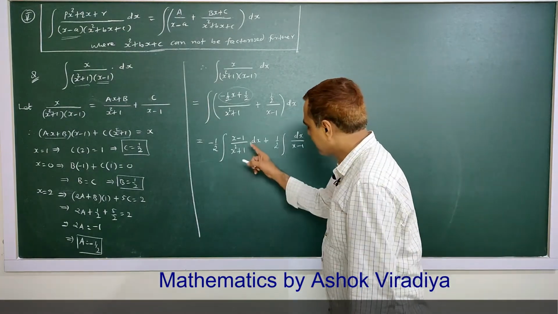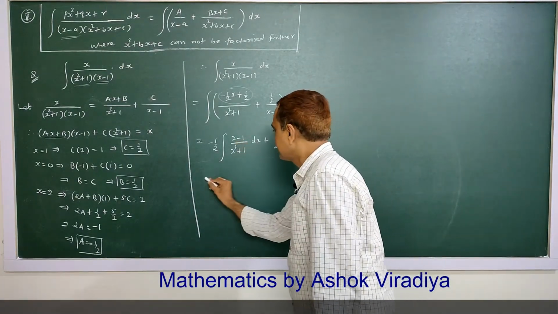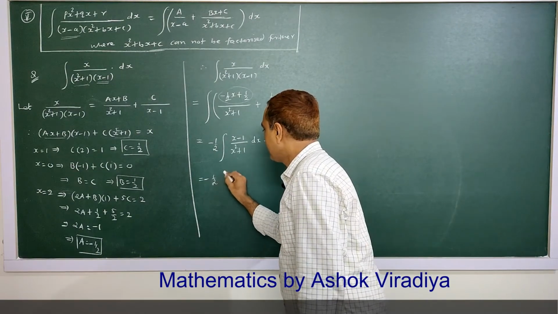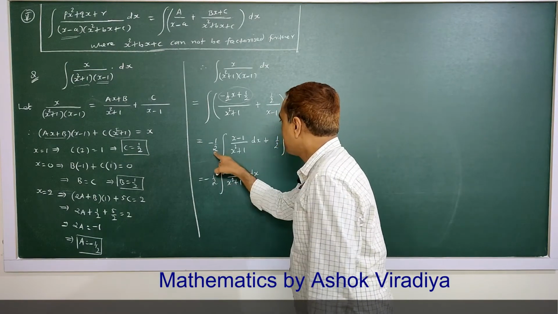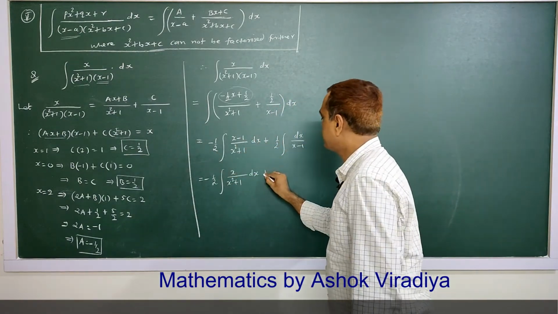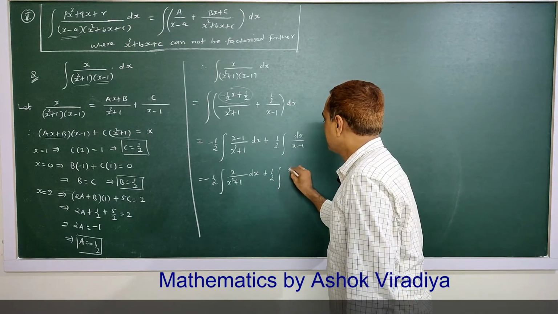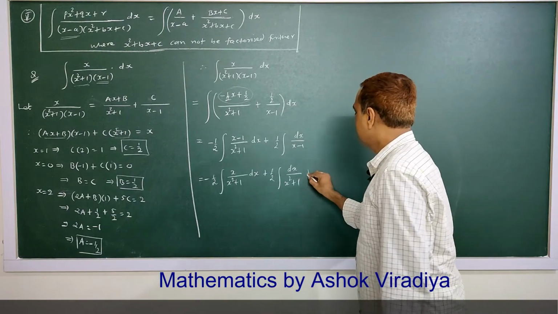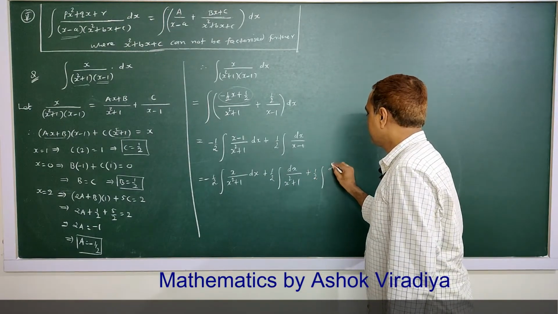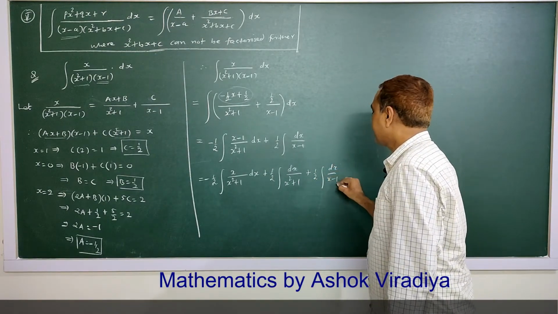So what we do here, I am separating this: minus 1 by 2 x upon x square plus 1 dx, minus 1 by 2 into minus 1, that is plus 1 by 2, dx upon x square plus 1, plus 1 by 2 dx upon x minus 1.